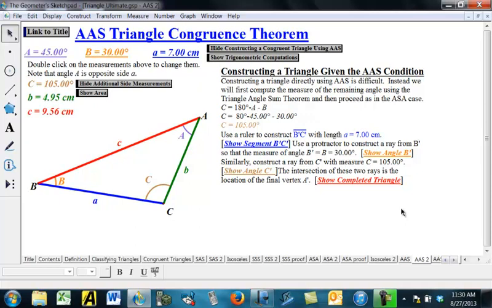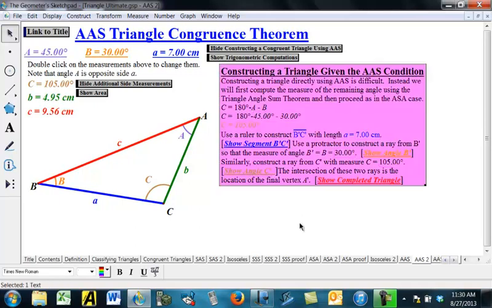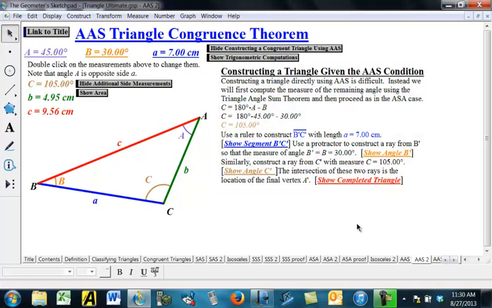And of course, because of the triangle angle sum theorem, once we know two angles, we can figure out the third one. So we take 180 degrees minus angle A minus angle B. See, angle A is 45, B is 30. Together that's 75 degrees. Subtract that from 180, and you get 105 degrees for the angle C down here.